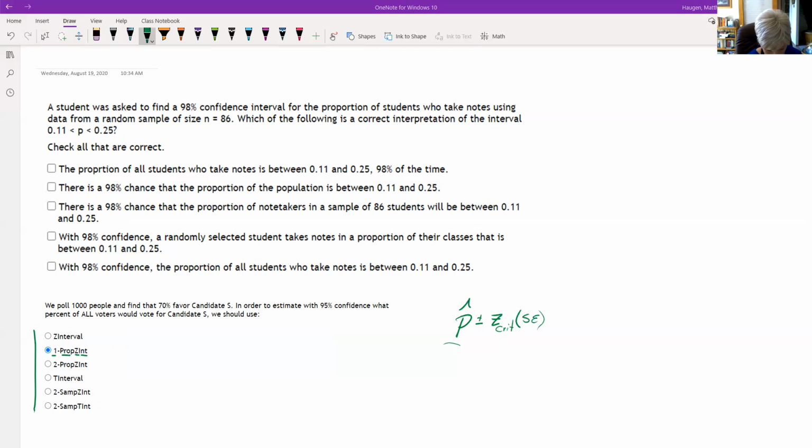Let's see. Oh, that doesn't tell me where it is. Let me type that.